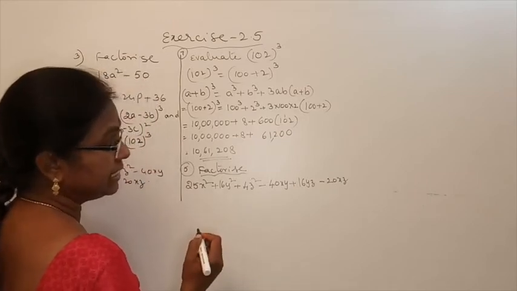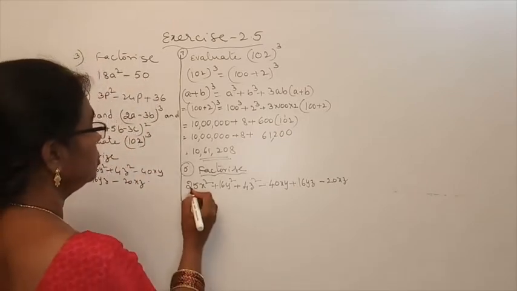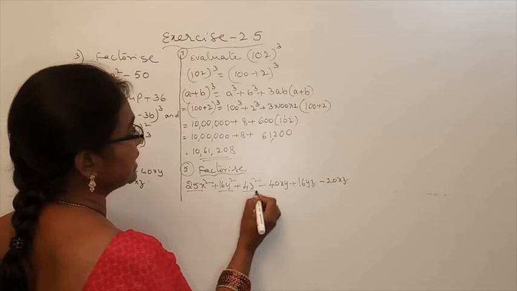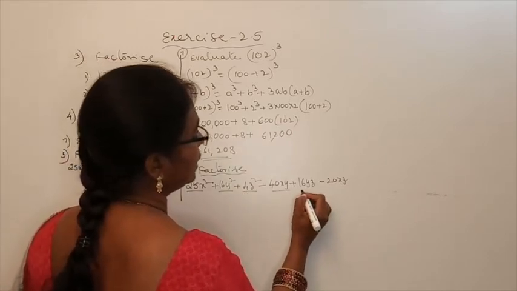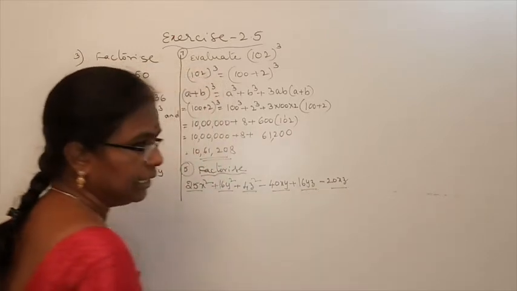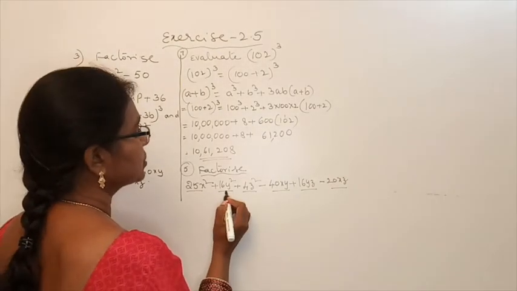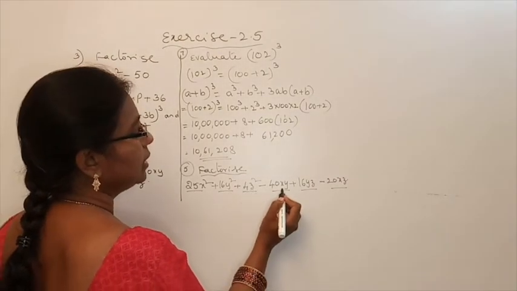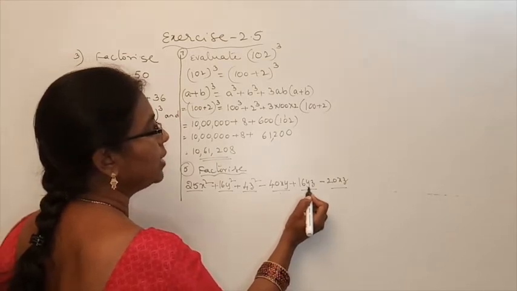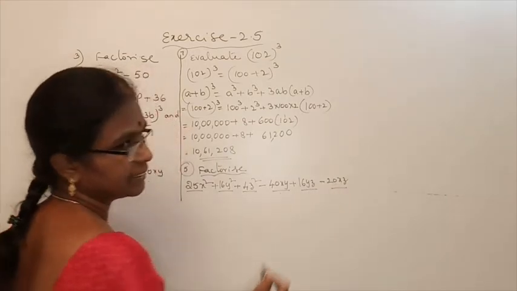Here the given identity we have to write in short form. Now a square, b square, c square, 2ab, 2bc, 2ca. Now instead of abc what is given? xyz. X square, y square, z square, 2xy, 2yz, 2zx.